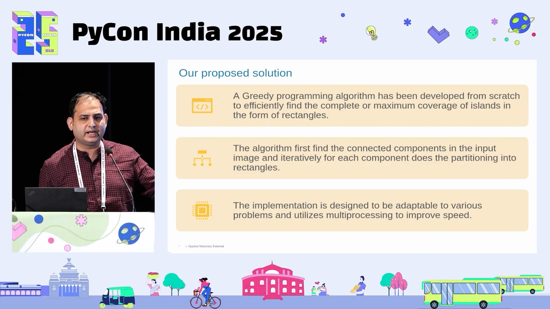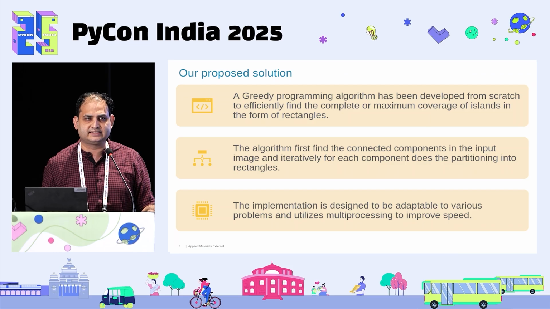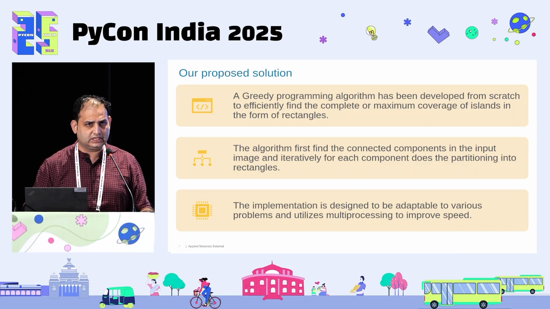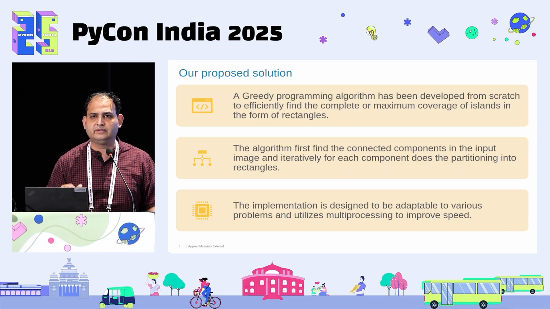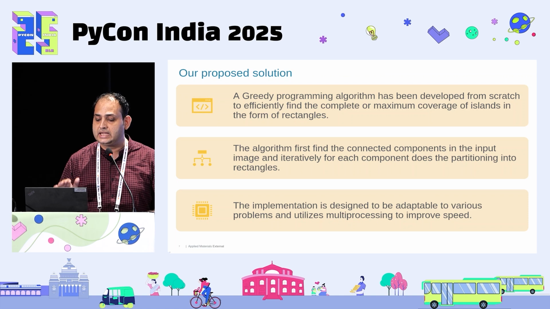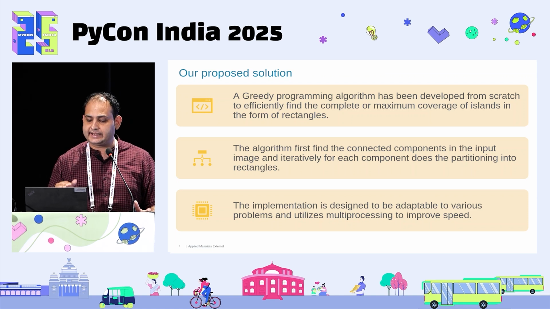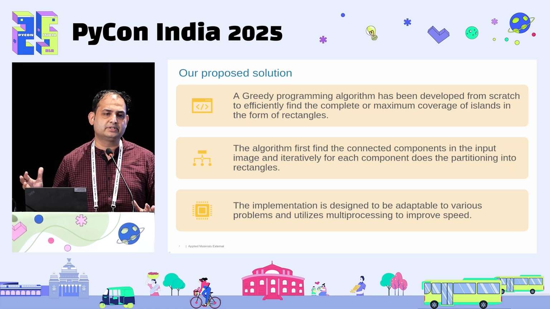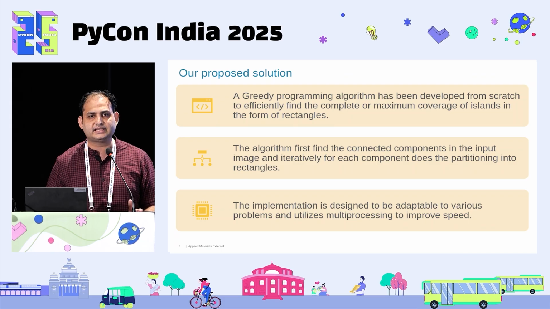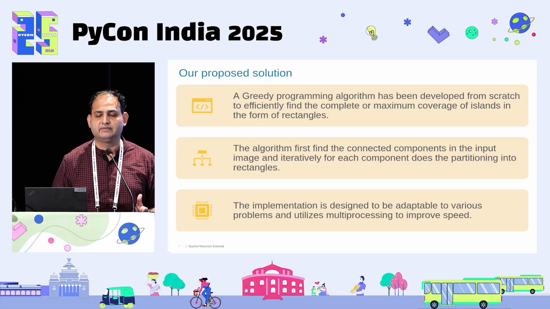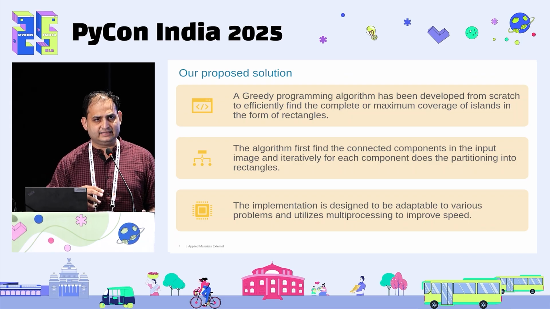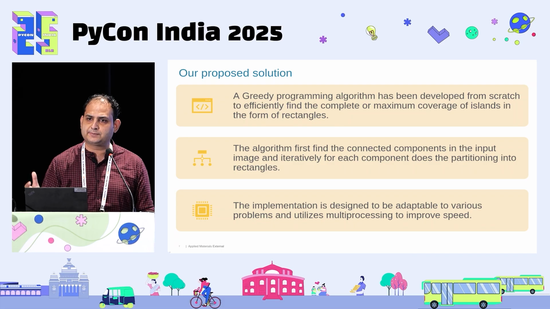What does this algorithm do? That is my second point, which I'll tell you in detail with the flow charts from the next slide onward. The third part is where we want to focus in this talk. The implementation is designed to be adaptable to various problems. The final implementation which I want to share with you is adaptable not only to the image processing domain.